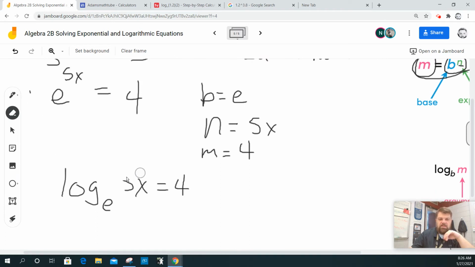Hold on a second. I'm trying to think about something, and it's log base e of 4 equals 5x.